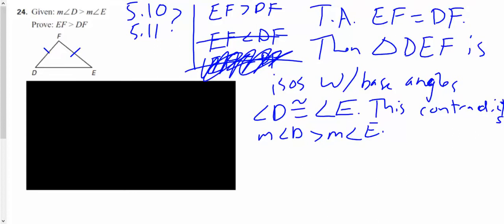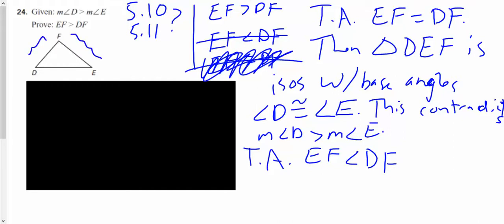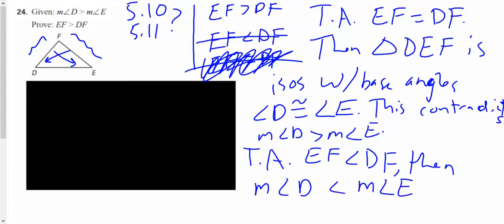That's impossible. All right, now let's temporarily assume, so this one we have to do twice, that EF is smaller than DF. Okay, well, if EF is smaller than DF, so EF is right here, if that's smaller than that here, then D has to be smaller than E. And that's 5.10.